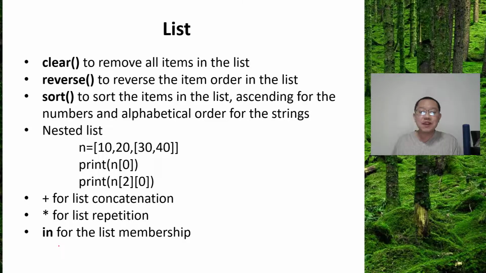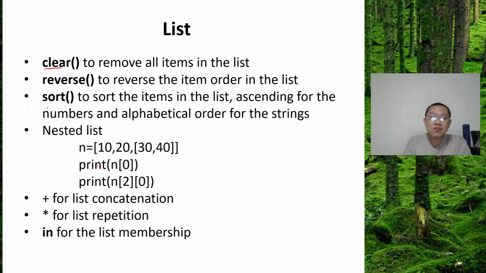With the list object, you can make your list empty by using the clear function to remove all items in the list, so it becomes a blank list, or an empty list. If you want to reverse the order of the items in the list, you could use the reverse function.